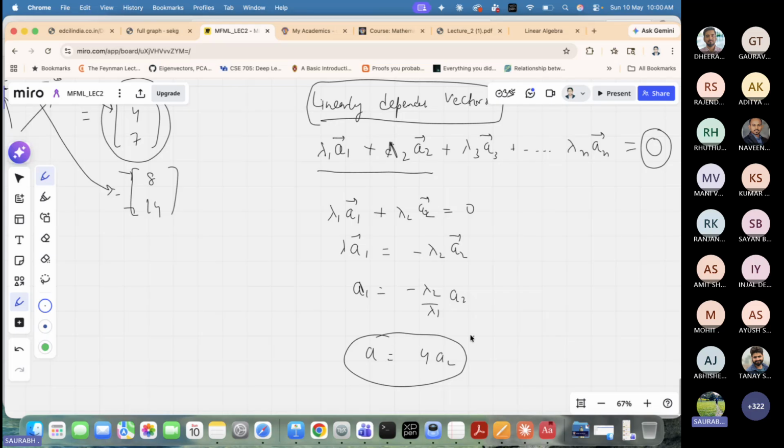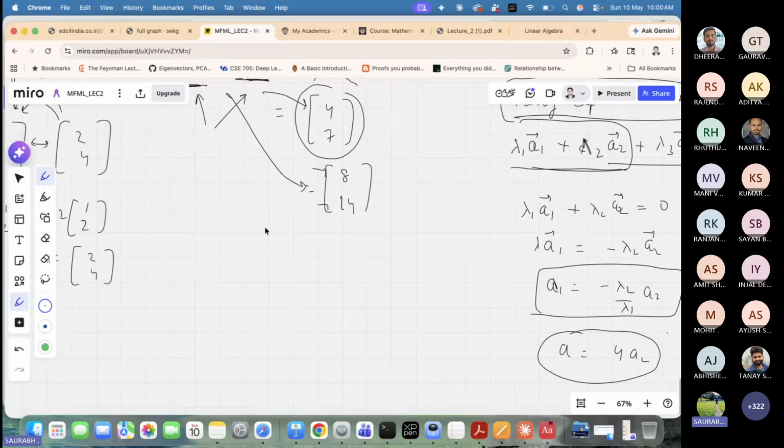So in this particular case, they became dependent from the first two. The same can be deduced for the third one. Let's say we are considering the third vector: lambda 1 a1 plus lambda 2 a2 plus lambda 3 a3 is equal to 0. You can write it like this: lambda 3 a3 is equal to minus (lambda 1 a1 plus lambda 2 a2).